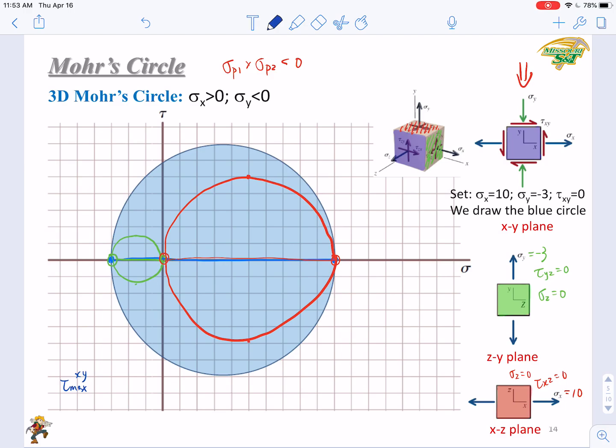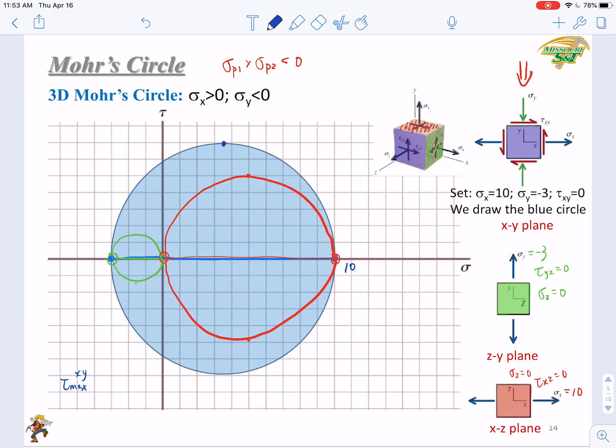What is it here? It's right here, and so its coordinates will be, let's see here, you have 10, -3.